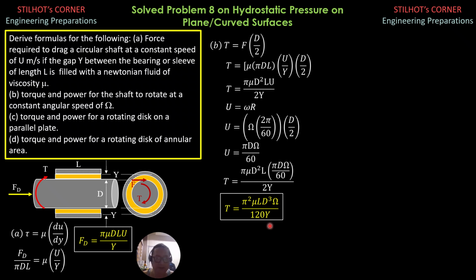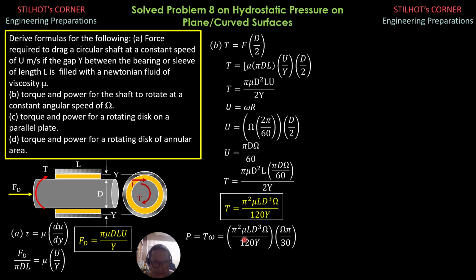Then power is torque times angular speed W. And since W we already derived as equal to omega pi over 30 from here, this is W in radians per second, angular speed in radians per second, and we change that to radians per second, but the angular speed is in revolutions per minute.